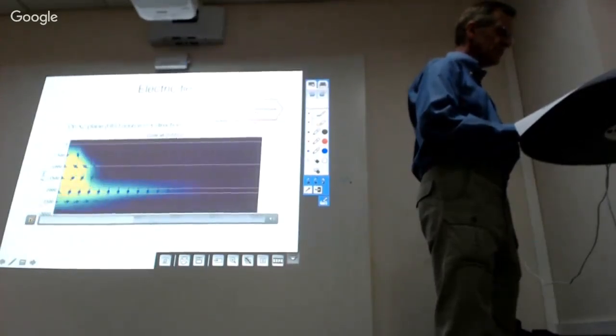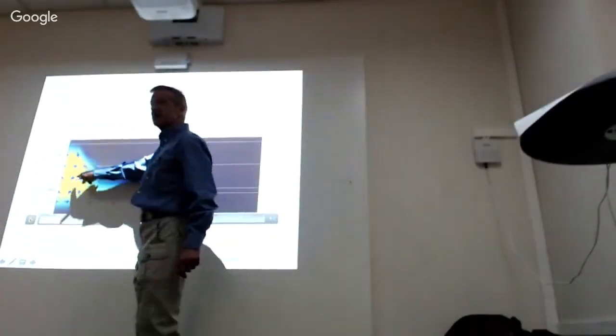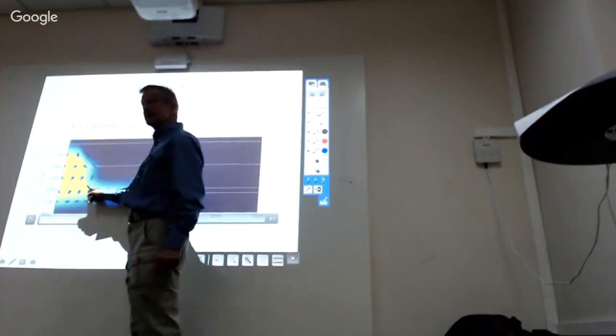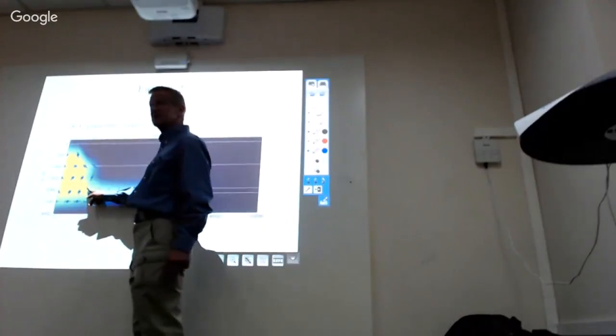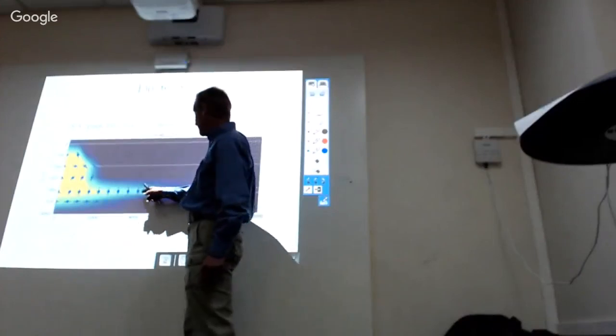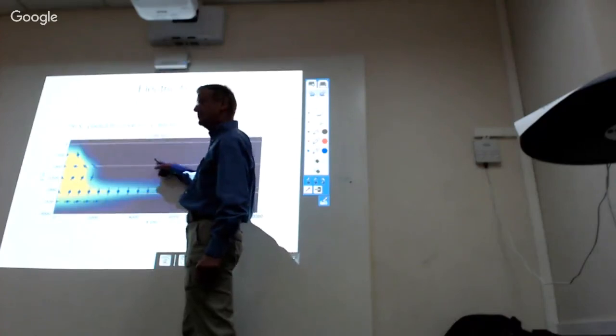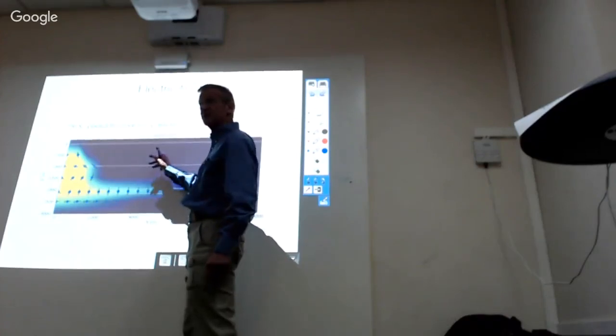See that? Look at that. The energy comes down, hits this region of resistance, and just zips through here. And while it's zipping through, there's going to be energy propagating up into any receiver that's here.